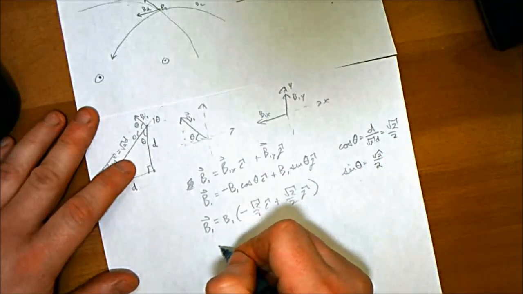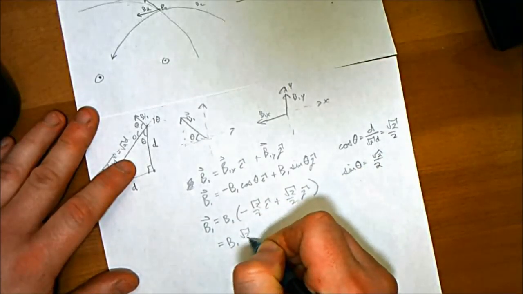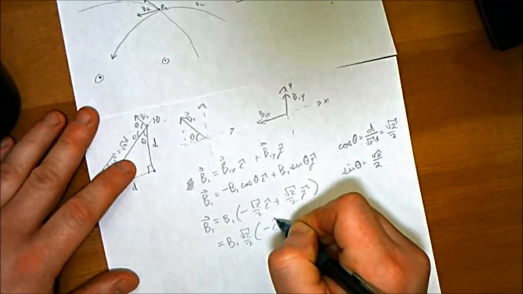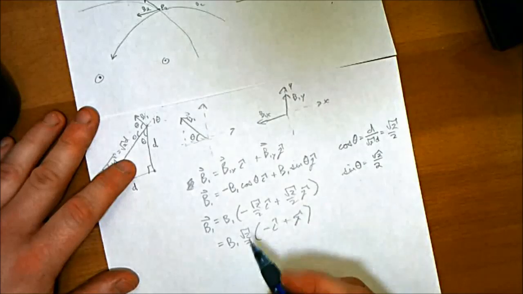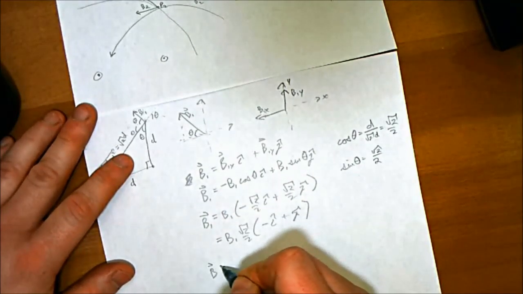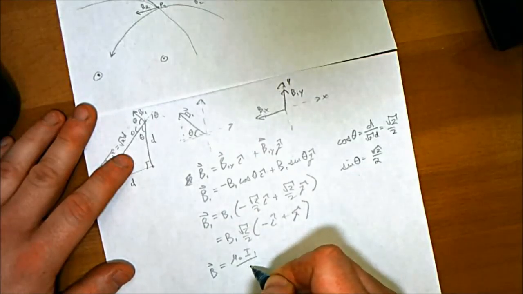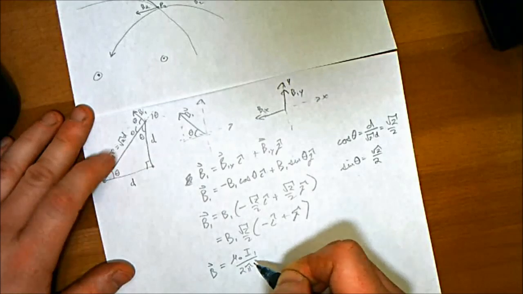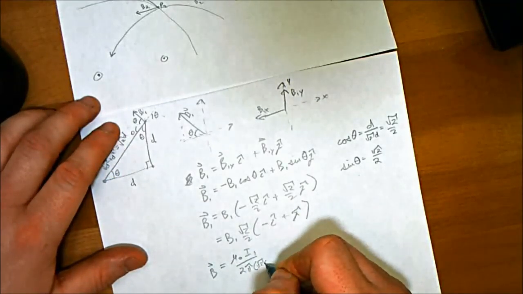Well, I can factor that even more and say this is B1 times root 2 over 2 times negative i hat plus j hat. So then the magnitude of B1 is mu naught I1 over 2 pi times the distance away, which is root 2 d.